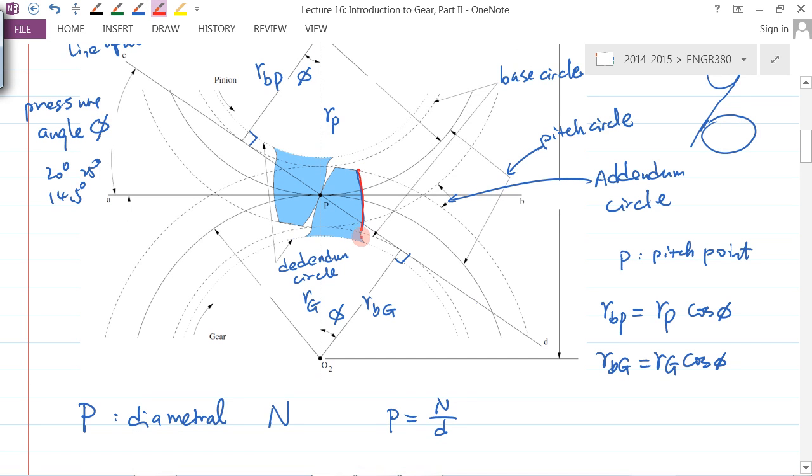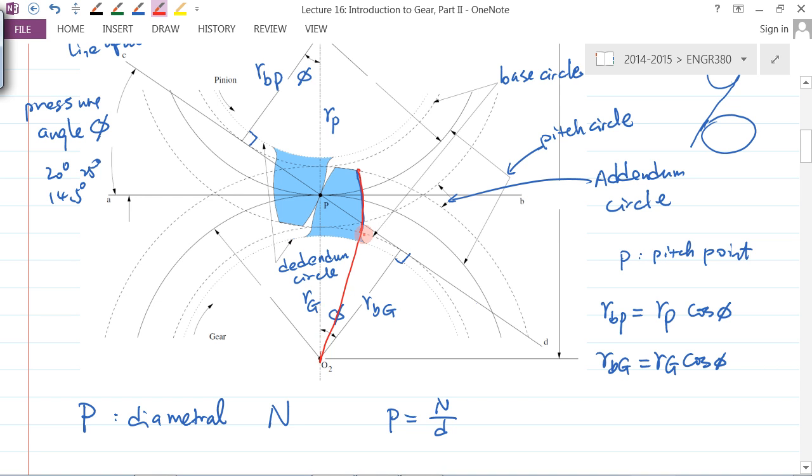The portion of the profile between the base circle and the origin is not involute. So when you generate the gear, what we generally do for this portion is draw a straight line from that location up to the origin. The starting point is a straight line, not a curve.